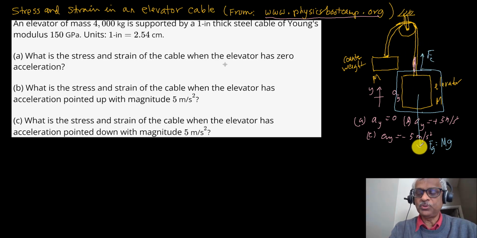These are the only two forces, and that will tell me what the cable force is. If I divide the cable force by the area A perpendicular to the force, that will give me the stress.